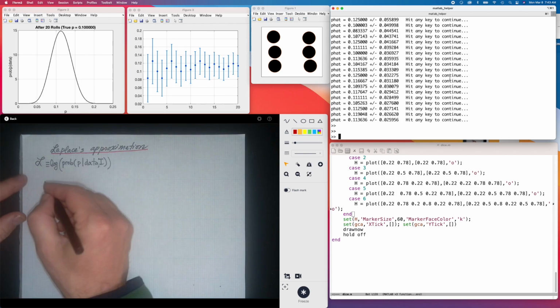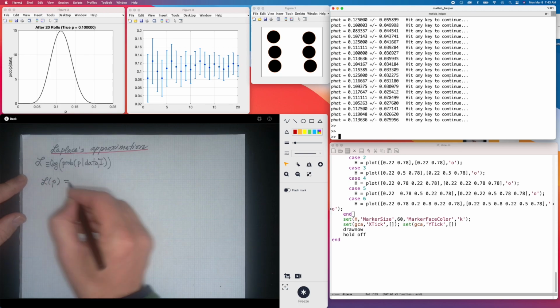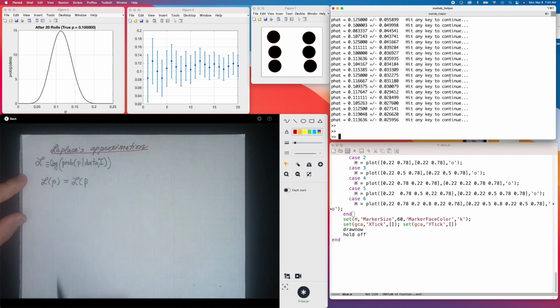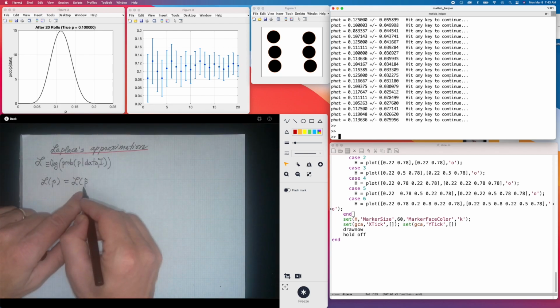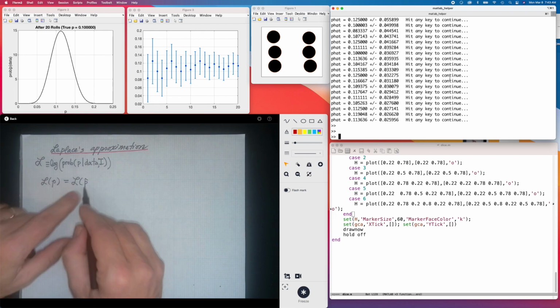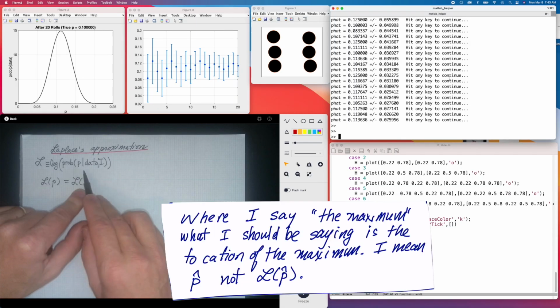So what I have is L of p is equal to L of p, I'll put a little hat here. So that's the point at which I'm expanding the Taylor series. And this p hat, we're going to pick it to be the maximum. So I'm going to take the maximum of the posterior, I'm going to find the maximum. And at the maximum, I'm going to expand in the Taylor series.